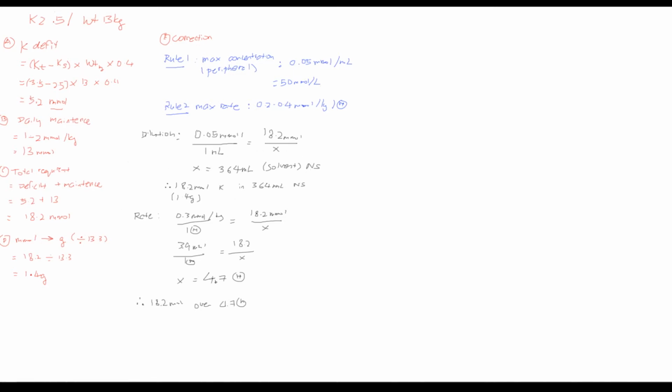So this is a very detailed way of calculating the correction, but let's give a conclusion. The conclusion will be we'll be giving 18.2 millimoles of potassium in 364 mL of normal saline over 4.7 hours.